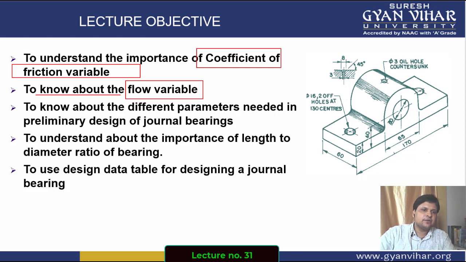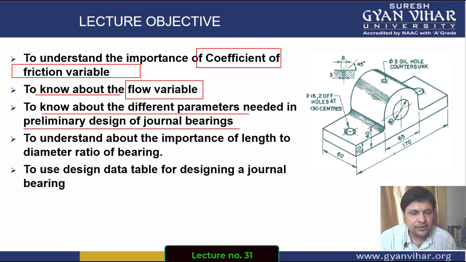Then the third objective will be to know about the different parameters needed in the starting phase of design of journal bearing. At the preliminary stage of the design, we will see what those parameters are and what their importance is.